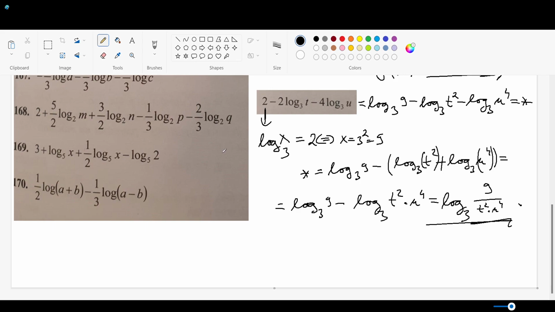Okay, so if you find, for example, number 2 here in exercise 168, you ask yourself, as you can see, all the logarithm bases are 2, okay? You ask yourself, logarithm base 2 of what number is equal to 2? And the answer is, again, coming from the definition of logarithm, 2 to the power of 2 is equal to 4, of course.